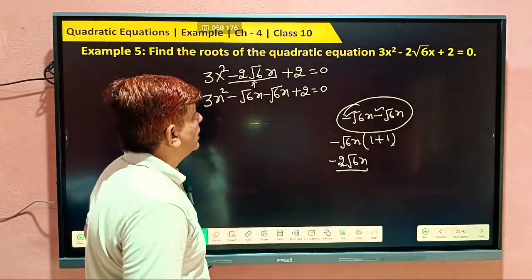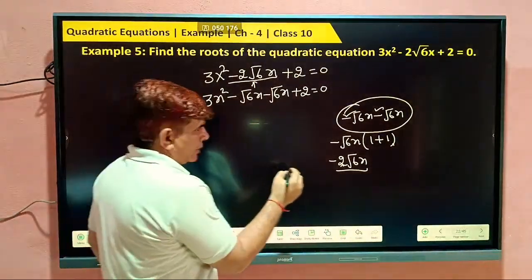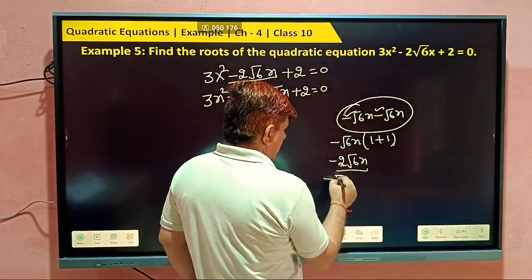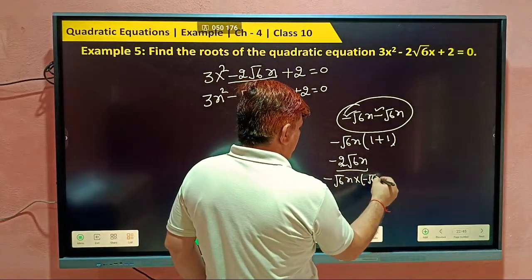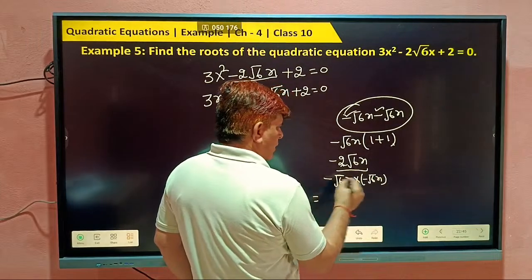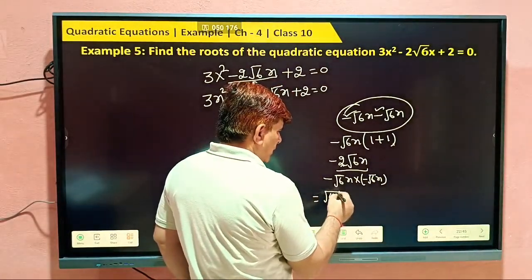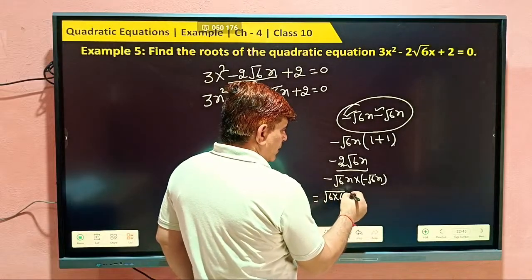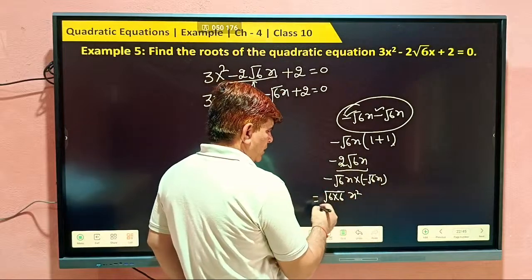Now their multiplication. What's their multiplication? Minus under root 6x into minus under root 6x. So minus multiplied with minus is plus. Under root 6 into under root 6 into x into x, x square. What's coming?